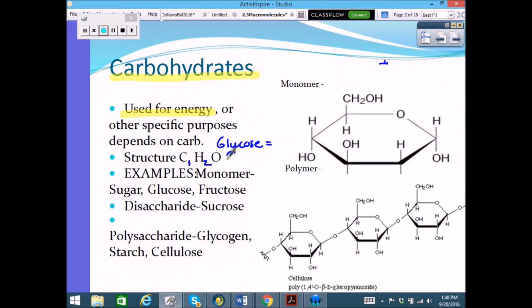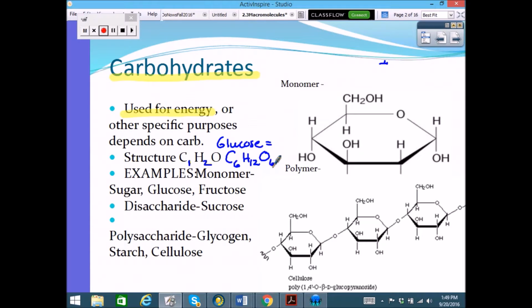Its chemical formula is C6H12O6. 1:2 ratio. So for every 1 carbon, there are 2 hydrogens. So the number of hydrogens is double that of carbon. There are 6 carbons, 12 hydrogens. So that is distinct for the monomers of sugars.